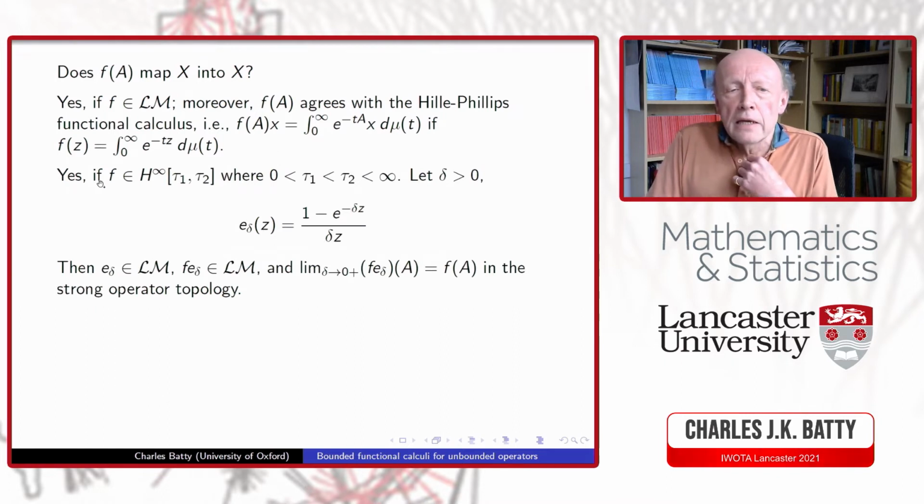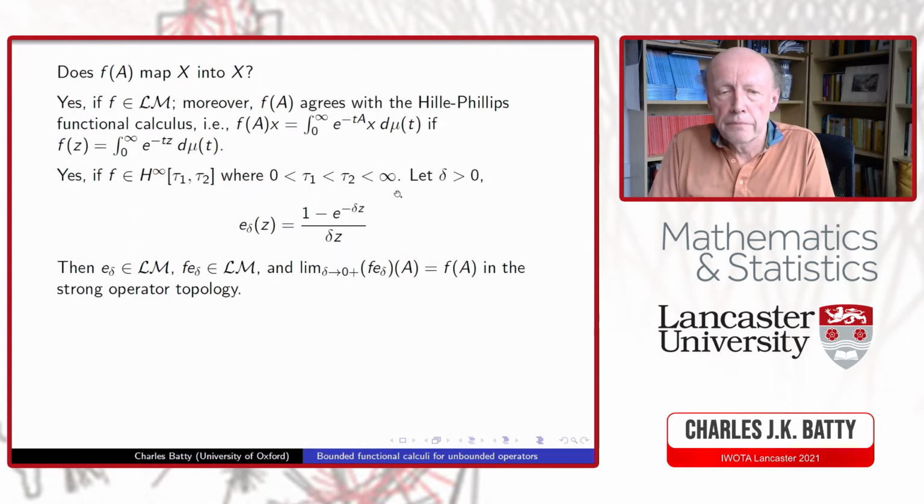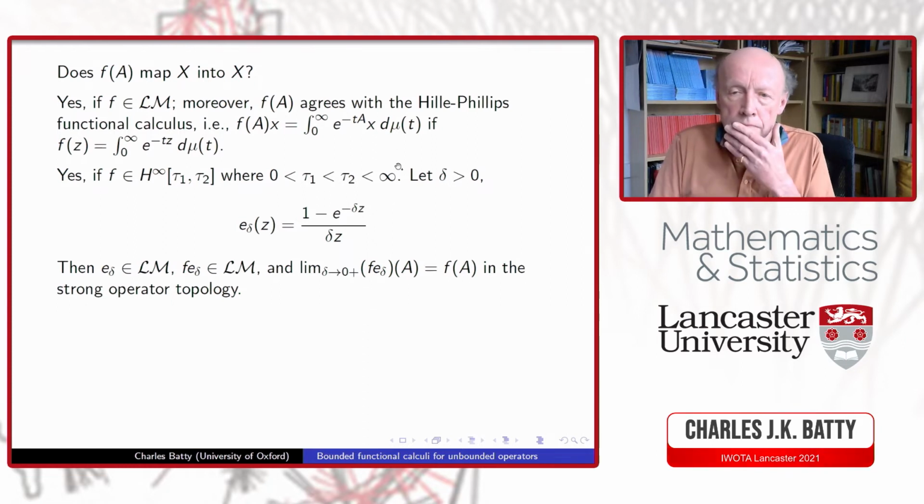Can we do it then if f is in these spaces H∞(τ1, τ2)? Here's where the duality comes in, the duality of B. Because we can consider e_δ's, which form some sort of a weak approximate unit.